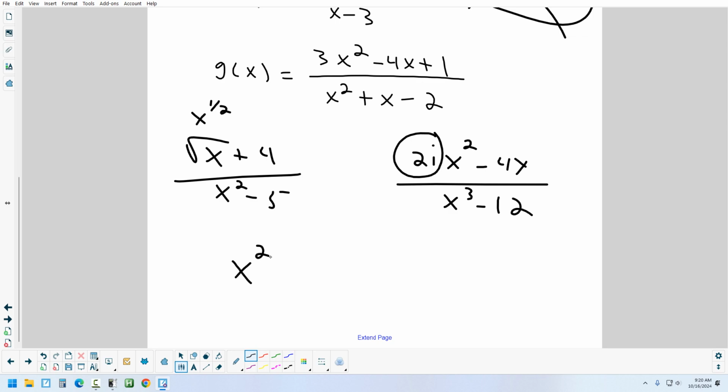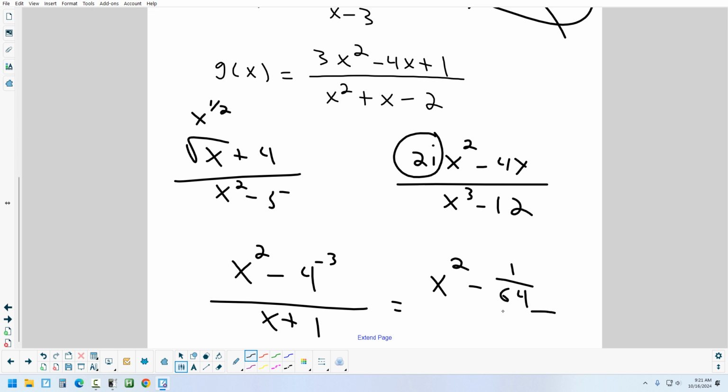How about this? Is that rational? No. Why? Because of the negative exponent. So could I just think of that like this, as a fraction? That's the same thing, right?